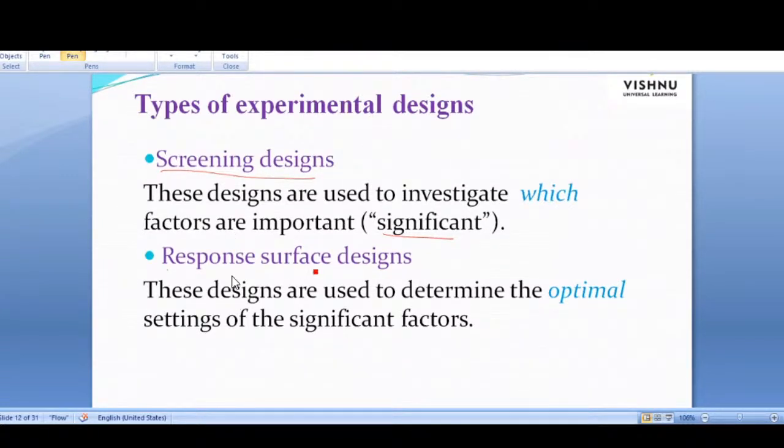The response surface designs are especially useful for the optimal settings of the significant factors. So in the screening designs, you find the most affected parameters, and from those, again you find the optimal level of those parameters by conducting the experimentation.